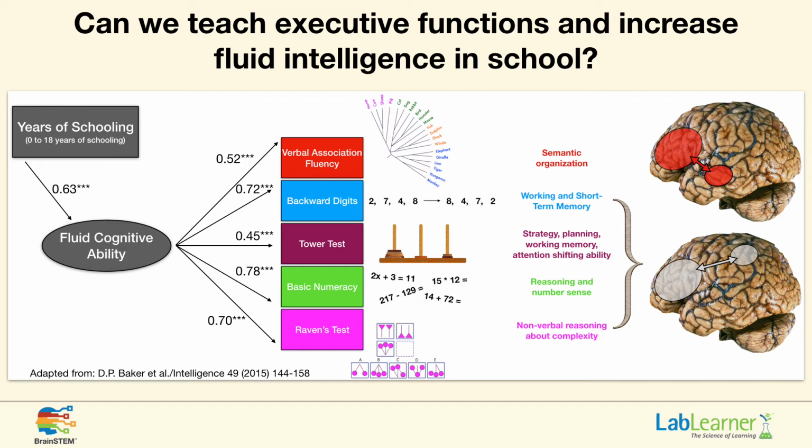And the way they tested for fluid intelligence are these various neurocognitive analyses that you see at the top here. Verbal association fluency. This is the ability to group words together. Backward digits. A problem-solving analysis called the Tower test. Basic numeracy, mathematical operations, and something called Raven's test, where you look for essentially nonverbal reasoning, complexity, and patterns.